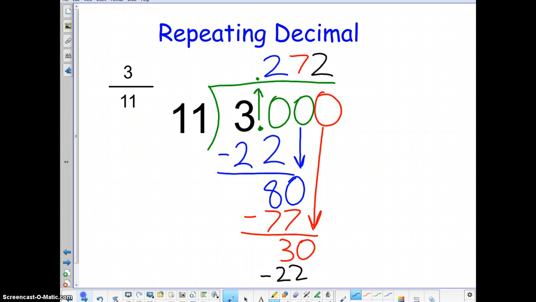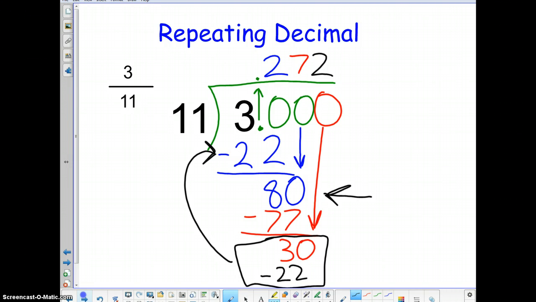You can see how this right here is the same as what happened up there. And later on you'll see that you just get 80 minus 77. And it's going to keep going, and it's going to keep going. All right? So when that happens, we can just stop after that second cycle.